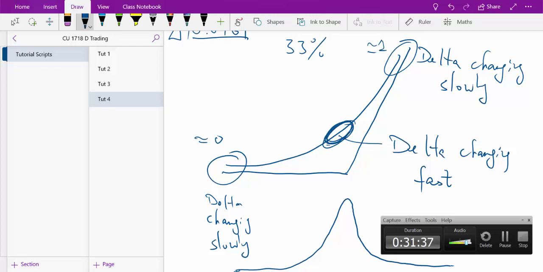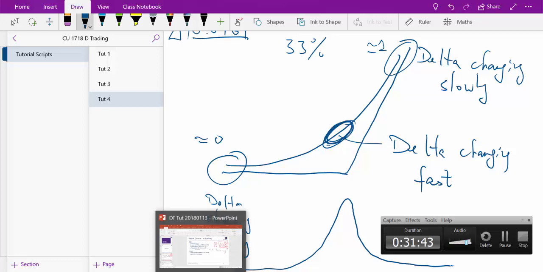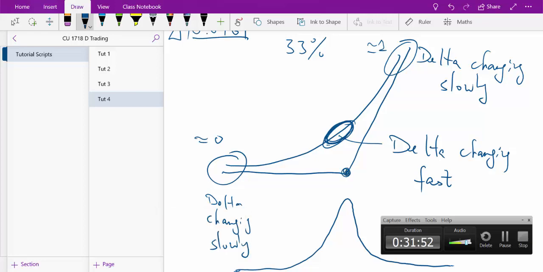And it gets most extreme when an option is close to maturity and you are close to being at the money, because then the delta will change from 0 to 1 and then 1 back to 0.